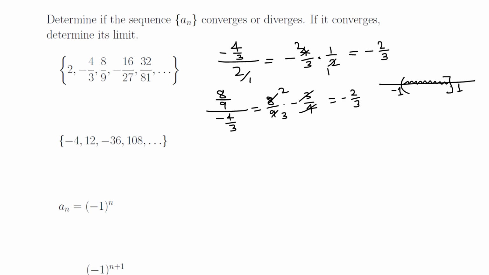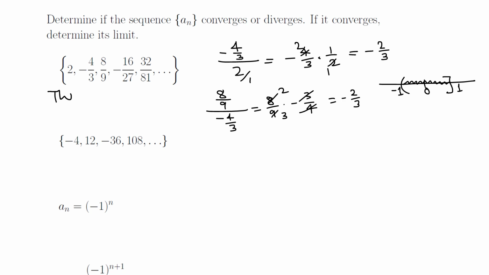If the common ratio is not 1, any other things, then they are eventually going to 0. So in this case, negative 2/3 is somewhere here, and here is 0. The absolute value is strictly less than 1, so this is going to go to 0.